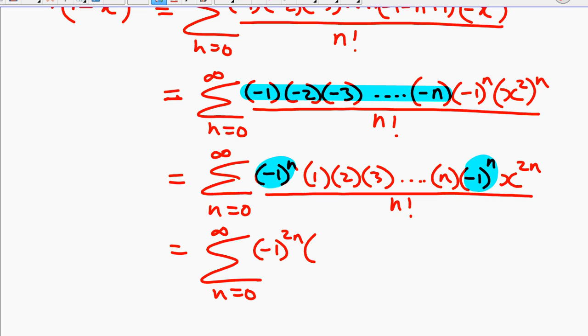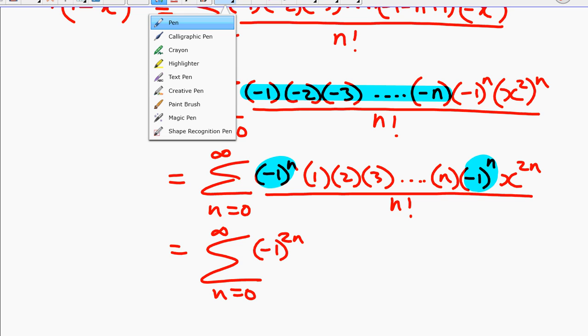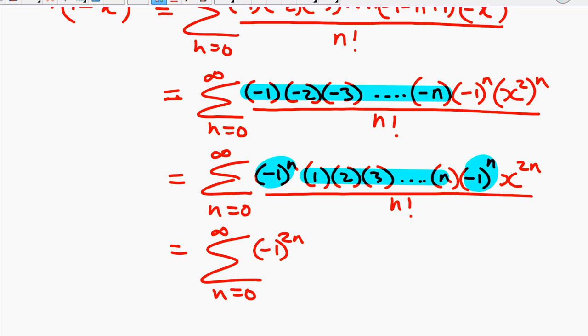I'm not sure if you can see this, but all these terms here will be equal to n factorial. So that will be n factorial, and then we have x to the power 2n over n factorial.